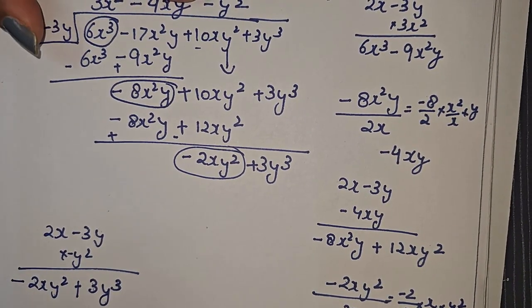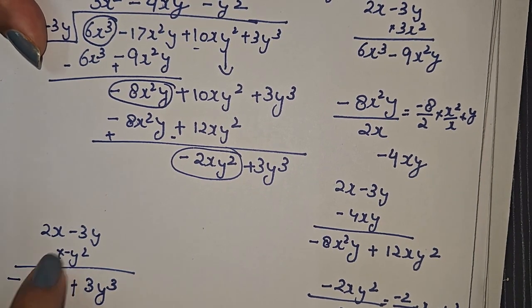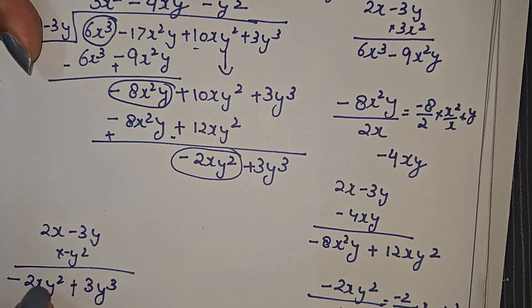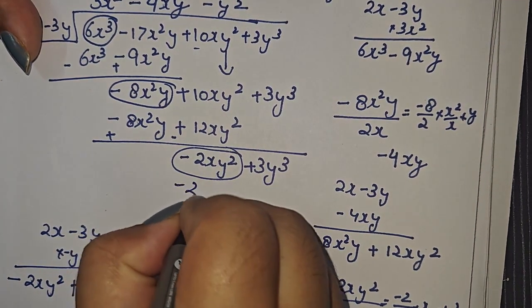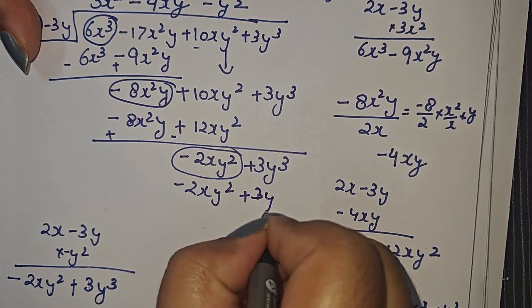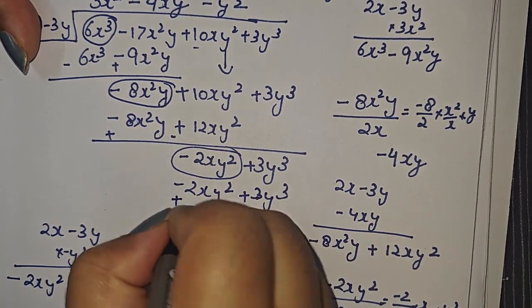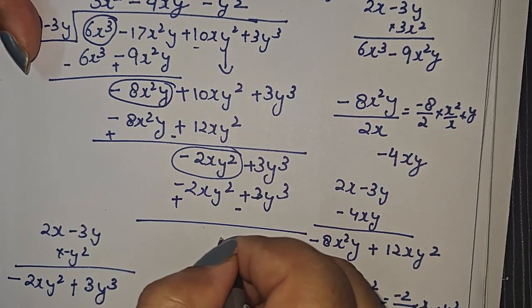Since this is minus y square, we will put minus y square, and here it will be minus, and minus minus is plus. Let's start putting it here. Minus 2xy square. Let's change the signs. So this one will be 0, this one will be 0.